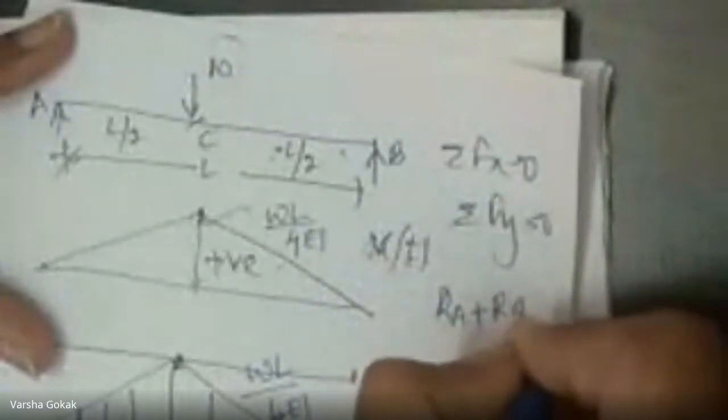Once this is done, I need the shear force. How do you draw the shear force in the case of a point load? So we have to calculate the reactions. To calculate the reactions, summation Fx equal to 0, so no horizontal forces. Summation Fy equal to 0: Ra plus Rb minus W equal to 0.